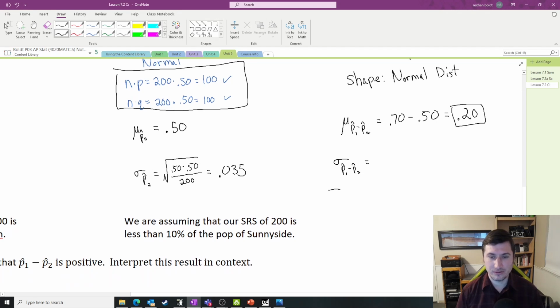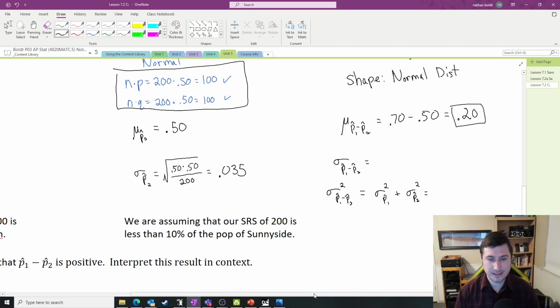So the way we might write this, the variance of P1 hat minus P2 hat is equal to the variance of P1 hat plus the variance, it's variance because I have the squared there, of P2 hat.